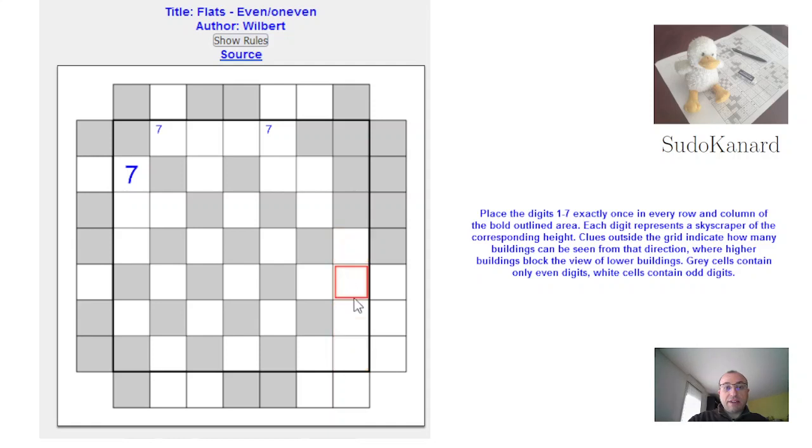On this side, 7 could be anywhere here. On this side, 7 could be anywhere here. But now we must see that 7 here wouldn't work, because 7 here would put a 2 into this cell, which is not an odd number. And for the same reason, 7 here would place a 2 there, which doesn't work.